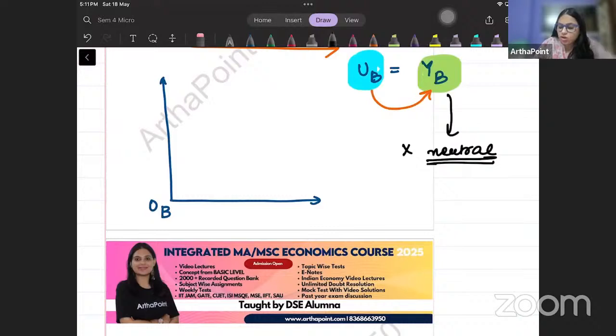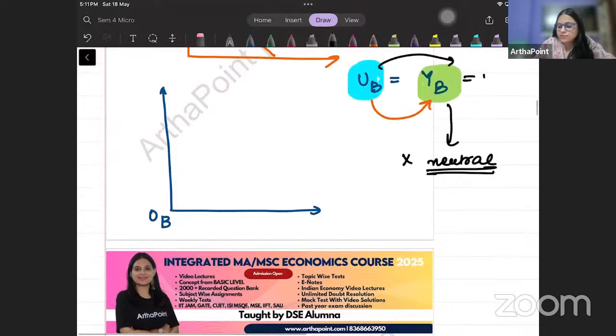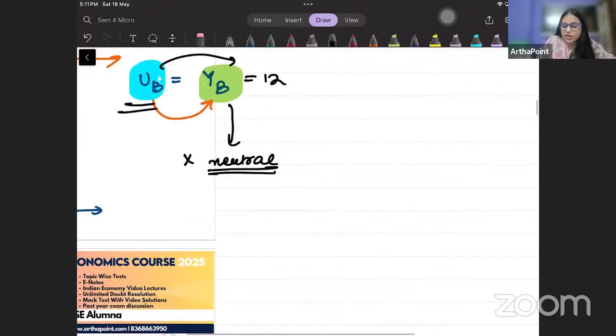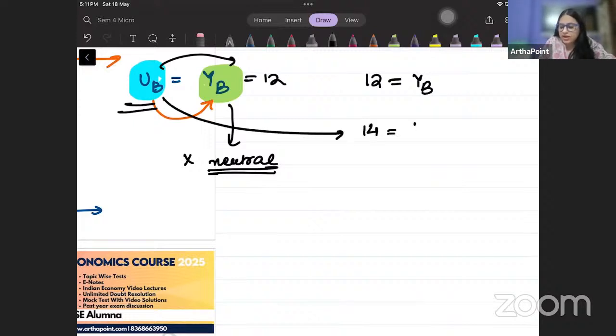देखो, if I hold his utility constant at say 12, I will get 12 is equal to YB. If I hold his utility at 14, I will get 14 is equal to YB. If I hold his utility at 16, I will get 16 is equal to YB.